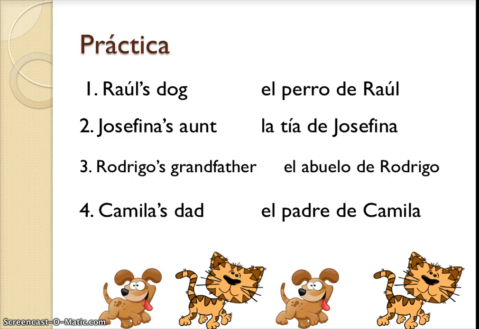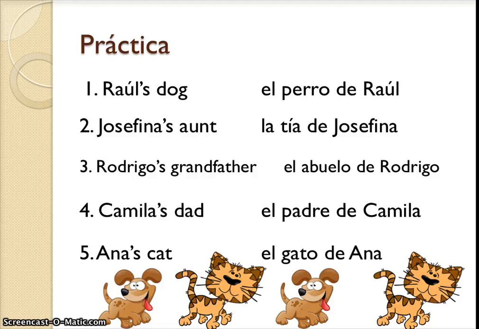El padre de Camila. Y Ana's cat. ¿Cómo se dice cat? Gato. El gato de Ana.